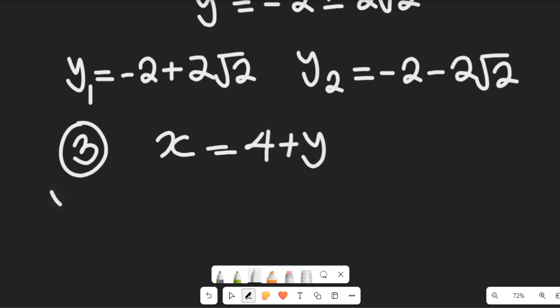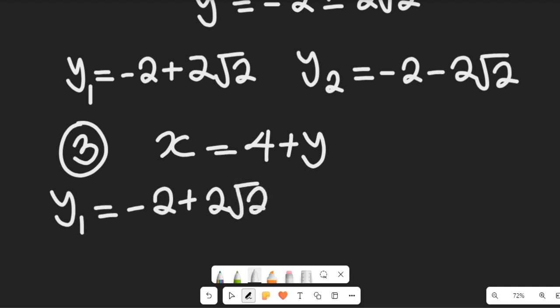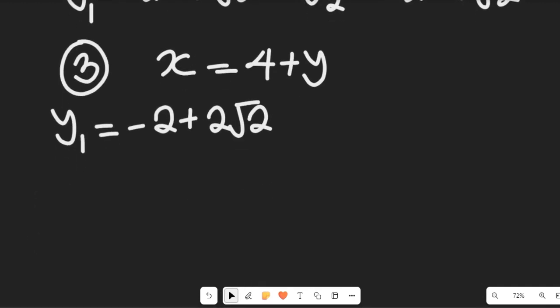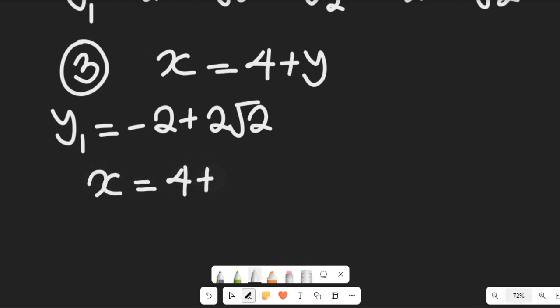If we take the value of our y1 to be equal to negative 2 plus 2 root 2, we'll come to see that the value of our x will now be equal to 4 plus negative 2 plus 2 root 2.